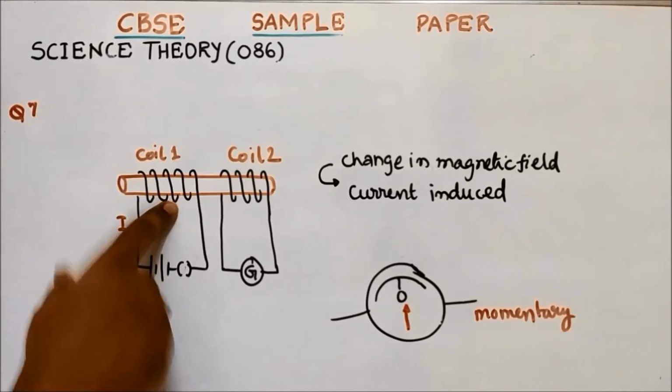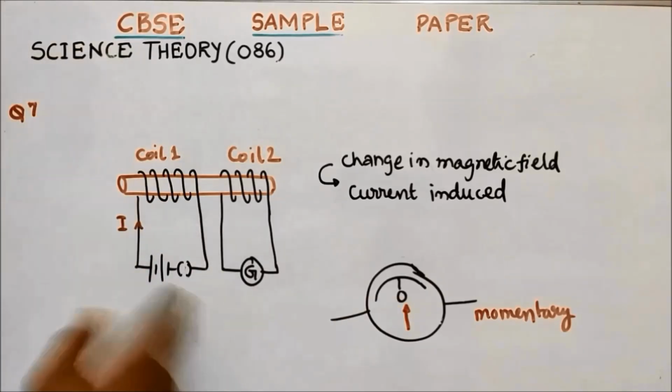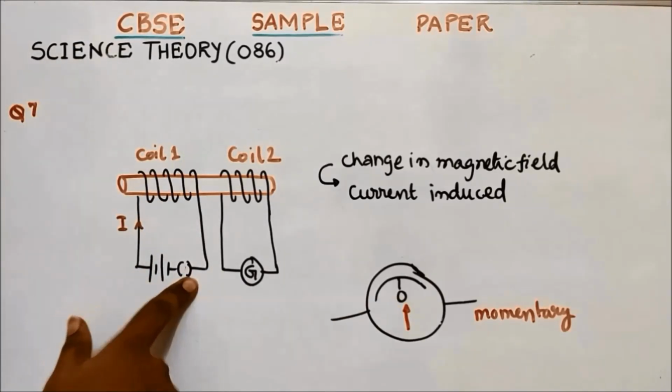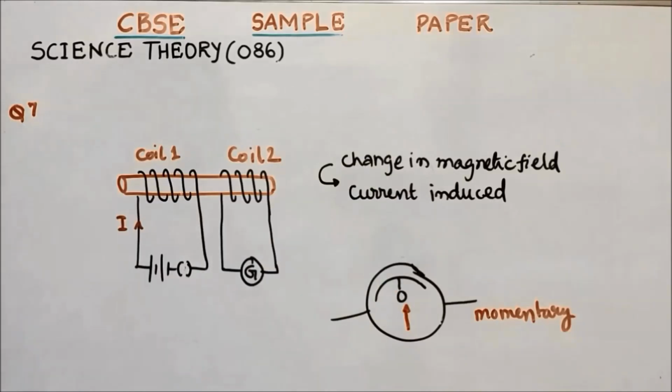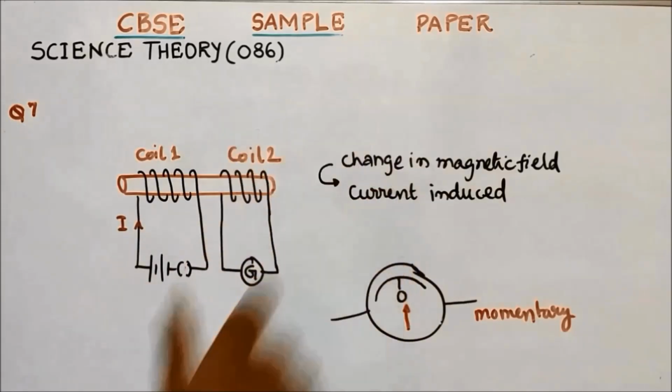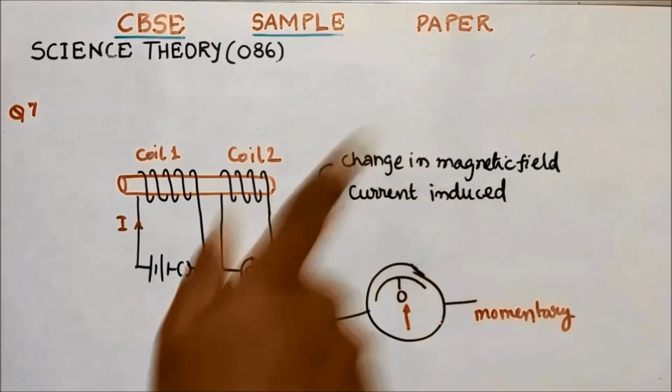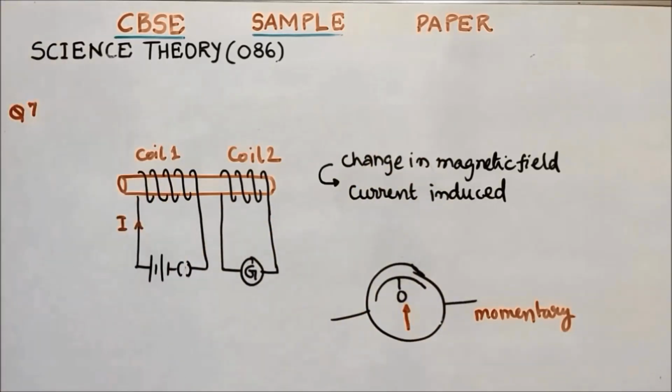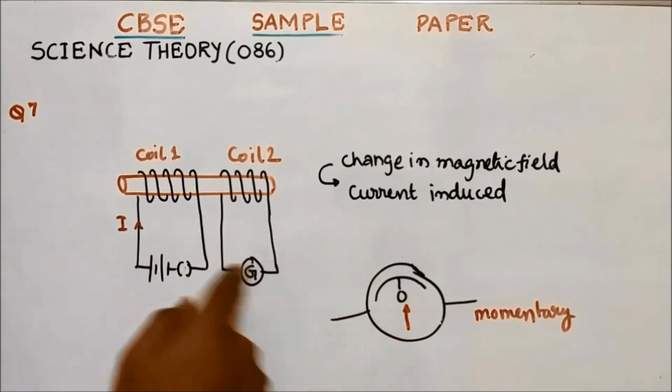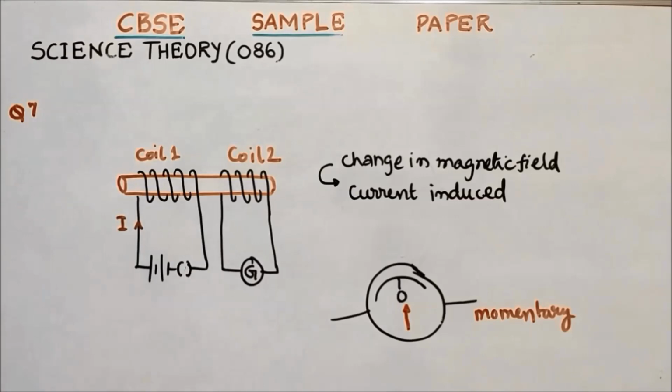It becomes 0. Initially there was some magnetic field, now the magnetic field after removing the key is 0. So there is some change in magnetic field. Whenever there is change in magnetic field, current will again be induced. But this time you have to note that the deflection in the galvanometer will be exactly opposite, in the opposite direction to when the key was inserted earlier. Again the deflection will be momentary.